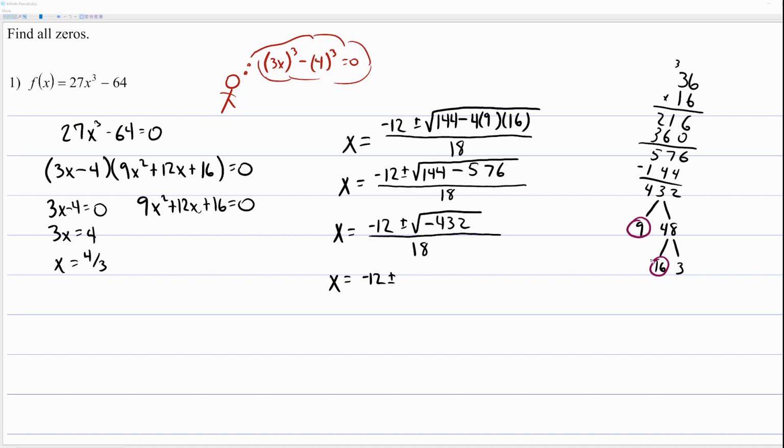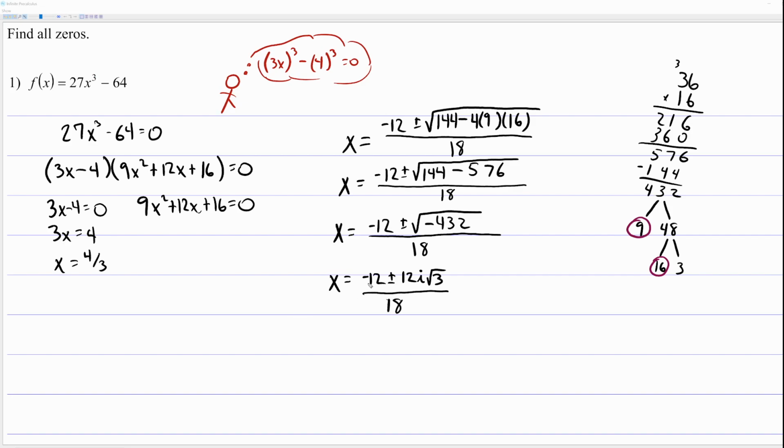That's 3 times 4, well, 3 times 4 is 12. We took the square root of a negative, so it's 12i. And inside the radical, the only thing we were left with was this 3, all over 18.